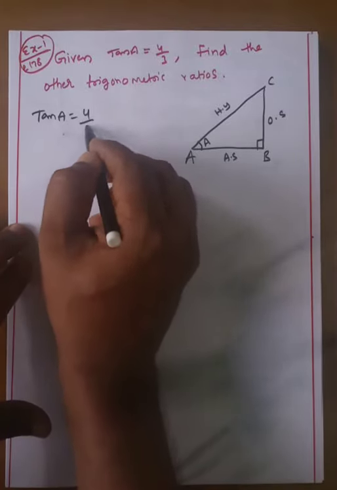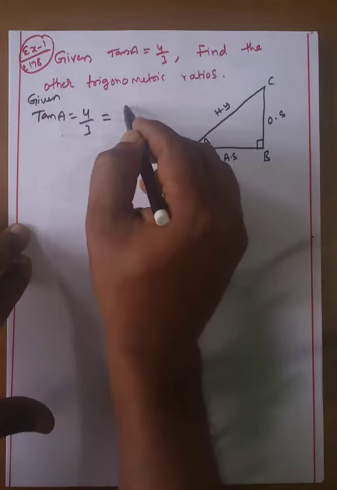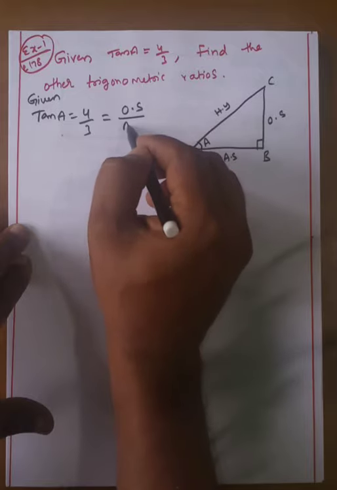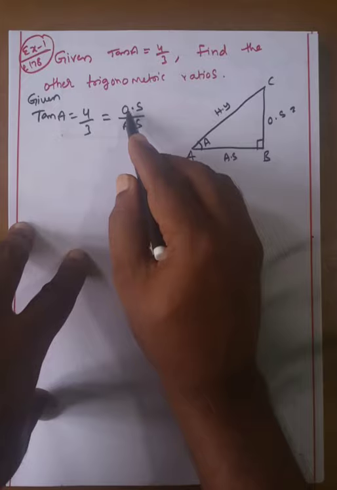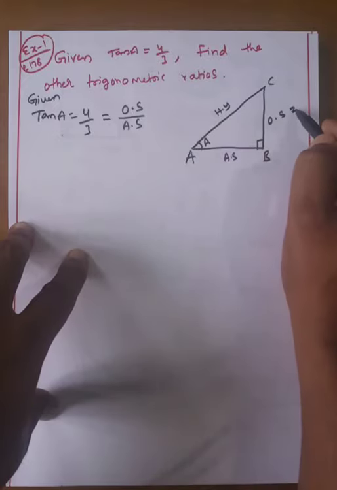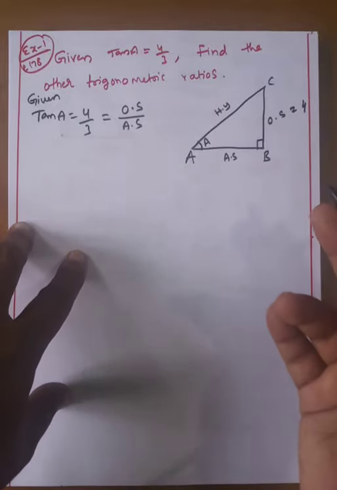Tan A is equal to 4 by 3, that is equal to opposite side by adjacent side. How much is the opposite side given? Here the opposite side is equal to 4. Or you can take 4k, but directly you can take 4, no problem at all.